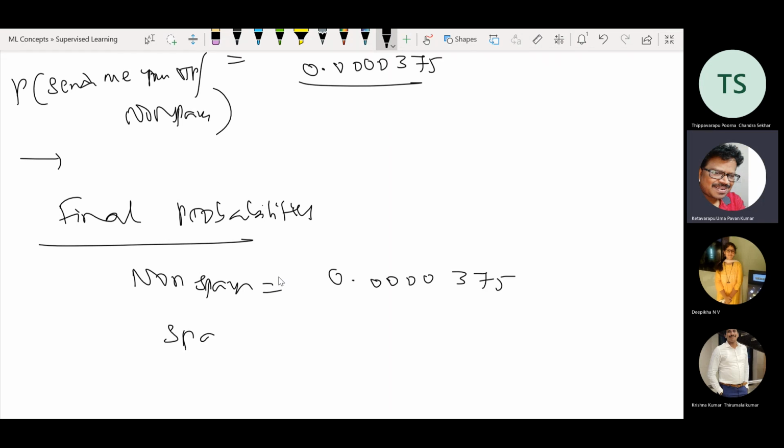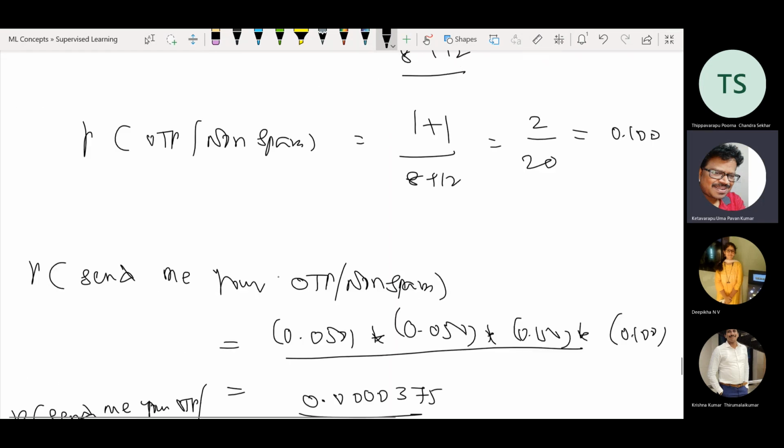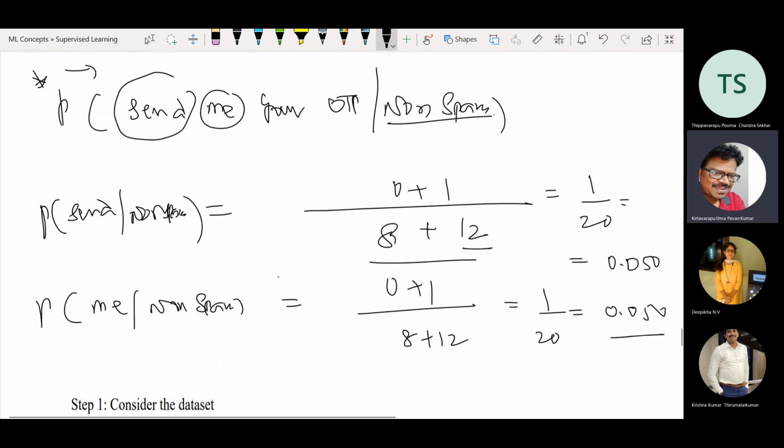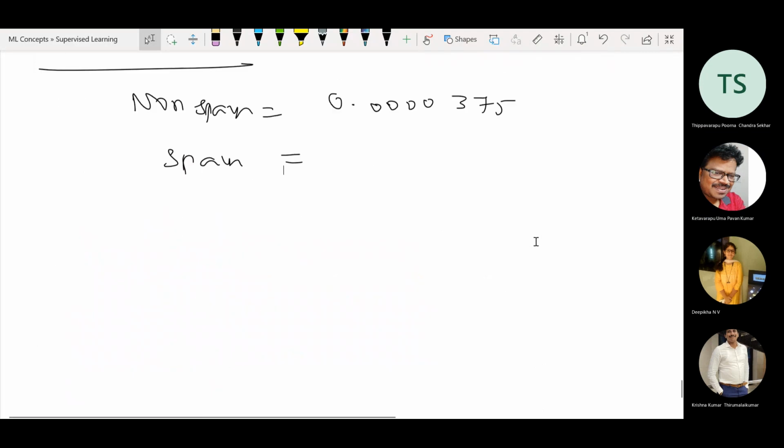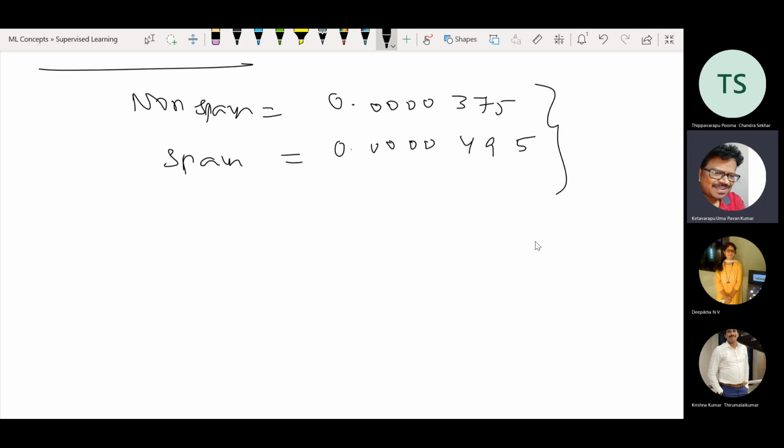Now I should get the probability of the spam category, which we have computed for spam as 0.0000495. Up to 3 digits, if you take 495. Now you observe, friends, the spam probability is greater than the non-spam probability.